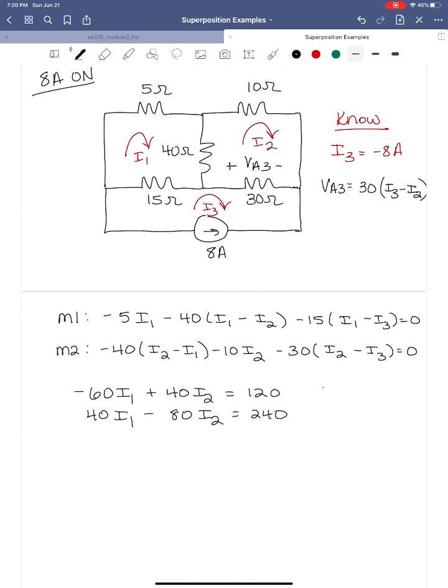So when we solve this, we'll get that I1 is equal to -6, and I2 is also equal to -6. All right, and so we'll have that VA3 is equal to -60 volts when all is said and done.